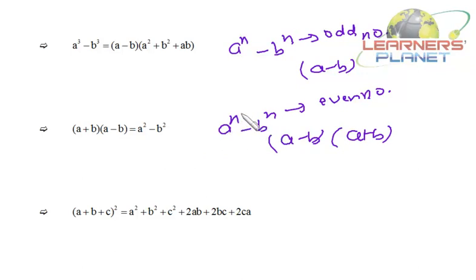So if n is even, a-b and a+b both are factors, and if n is odd, only a-b will be a factor.